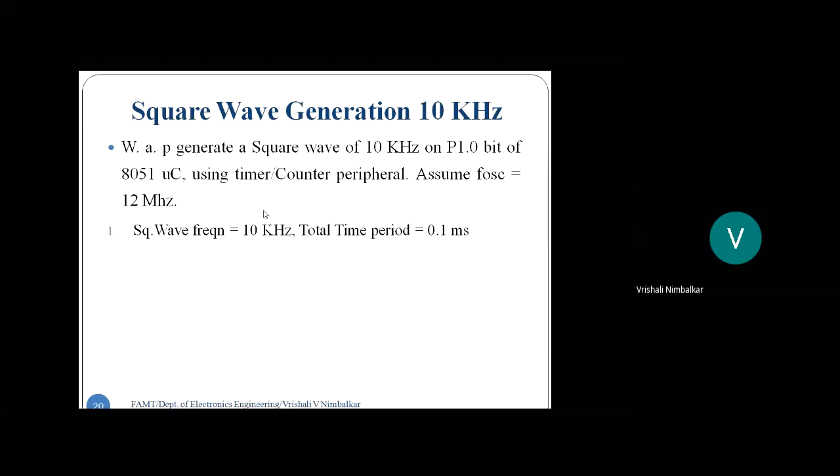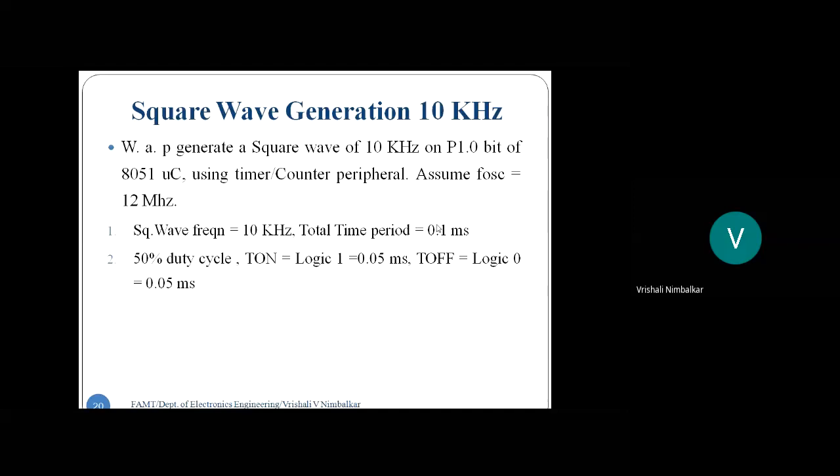So generally, half of the total time period the square wave is logic 1, and the other half it is logic 0. That is the term called duty cycle.